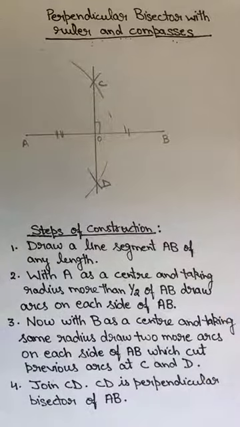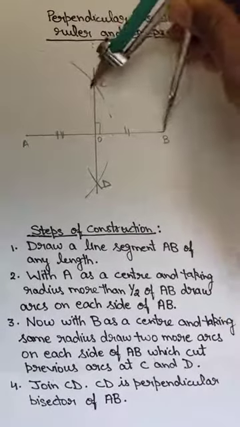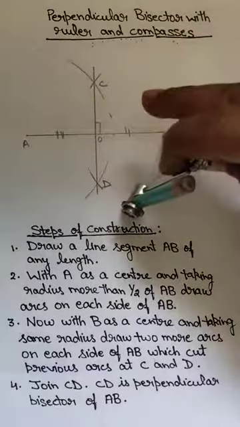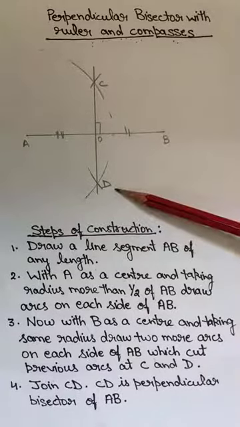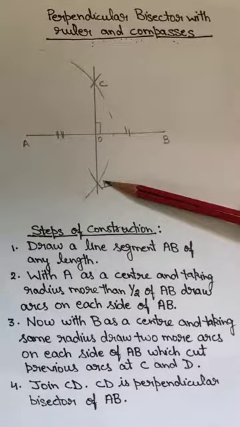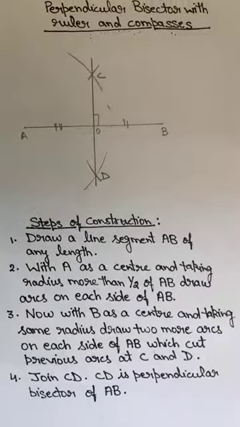Same you will do now with B. Now with B as a center, draw two more arcs which cut the previous arcs at points C and D. Join C and D. CD is the perpendicular bisector of AB.